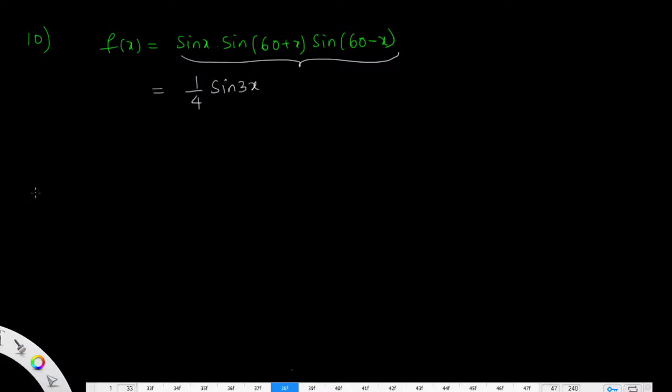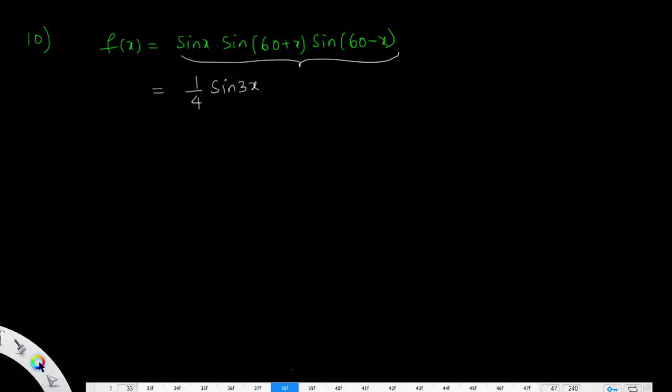This is the standard formula: sin x into sin 60 plus x into sin 60 minus x. Always for 60 multiples also, like sin x into sin of 120 plus x, 120 minus x, also 1 by 4 sin 3x, or else 180, same, if all are 60 multiples, the answer goes to 1 by 4 sin 3x.